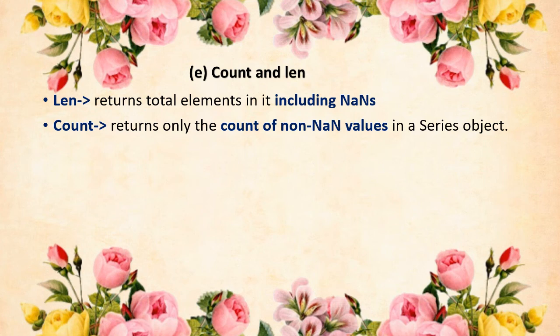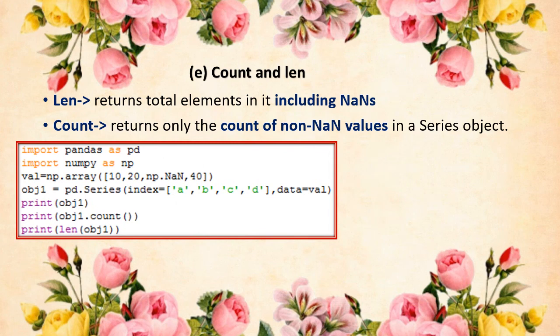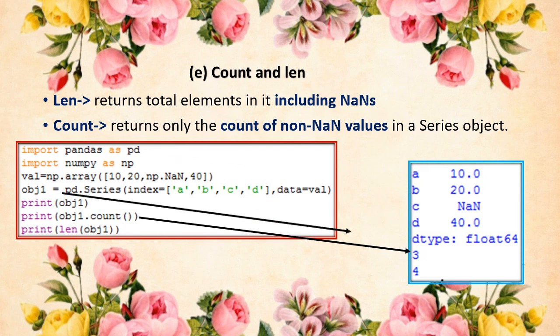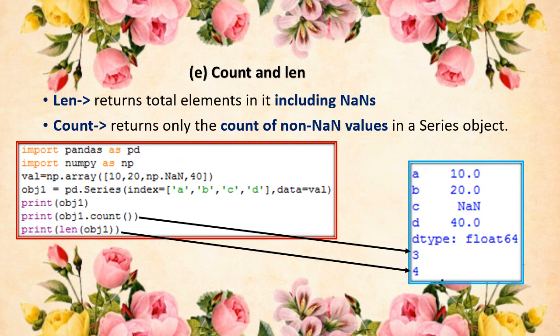That's the difference. See here, there are four values in the series object. The count function returns 3, because it excludes the not a number and counts only the valid values, so 3 is displayed. And length includes the not a number, so the number of elements, 4, is displayed.